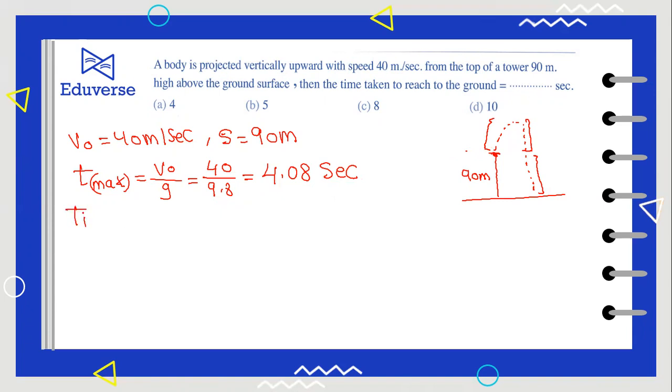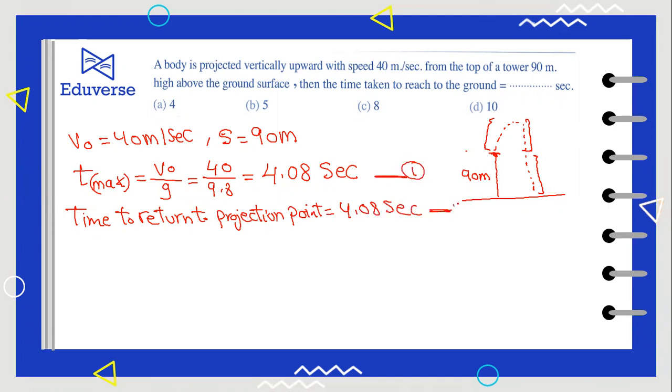So the time to return to the projection point equals 4.08 seconds also. That's the first time, that's the second time. Firstly, the time taken to reach the maximum height, and then the time taken to return to the projection point again.